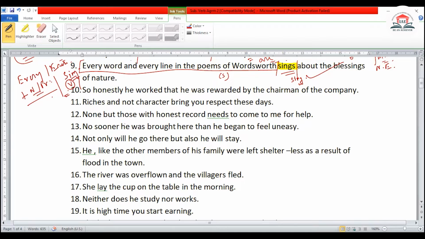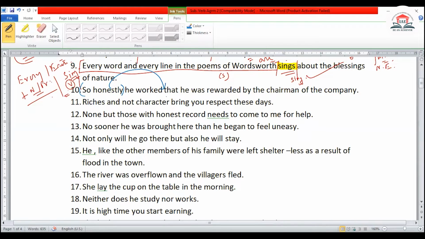So honestly. So-টা একটু কনফিউজিং লাগছে। Think very positively. What I have said, it is a problem of arrangement of the sentence. He worked so honestly that he was rewarded by the chairman of the company. Exactly.